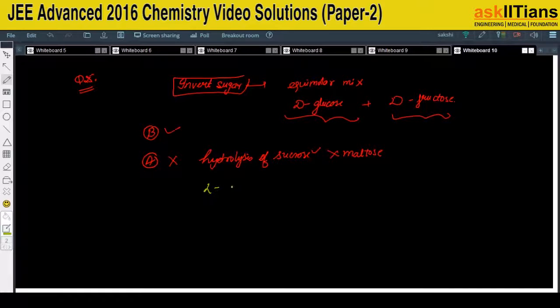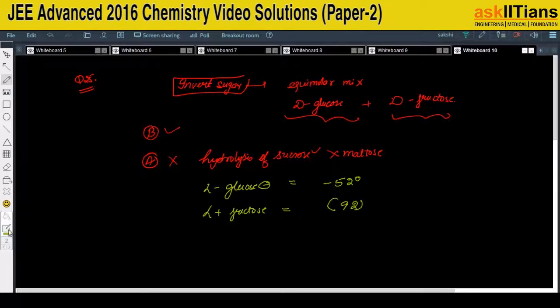So L minus glucose is given to me as minus 52, and for L plus fructose the value is given to me as around 92.